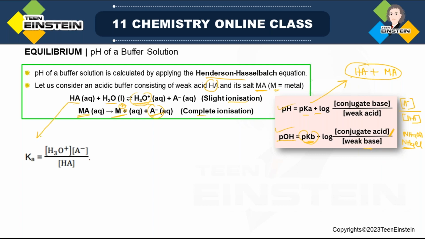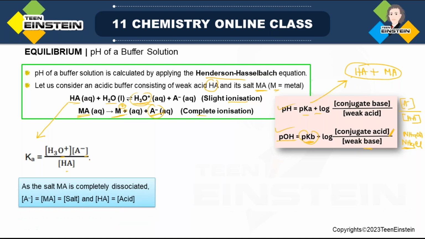So for this equation, if you consider Ka, that is the ionization constant of HA, it is concentration of hydronium ion times concentration of A minus divided by undissociated HA, right? Now, the salt MA is completely dissociated, right? The second equation is complete dissociation.